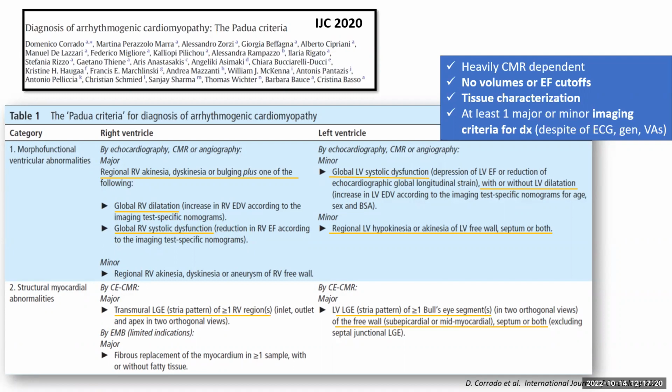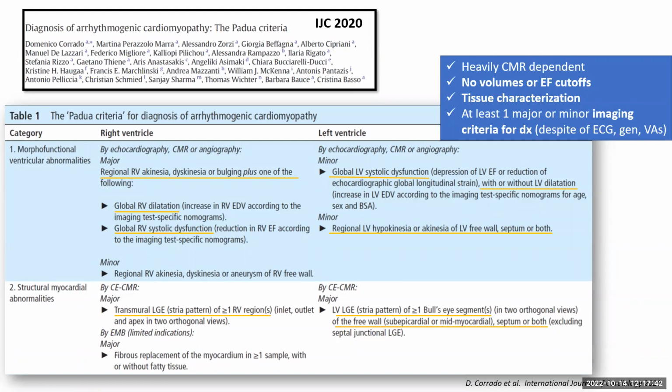They just recommend to use literature imaging sex and age specific nomograms for establishing dilation or dysfunction. The typical LGE pattern is mentioned in the right as transmural and in the left as being subepicardial or mid-myocardial involving the septum or the lateral wall or both.